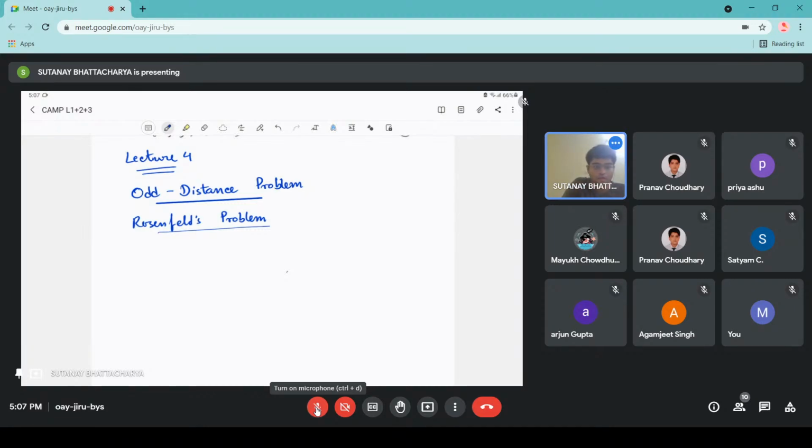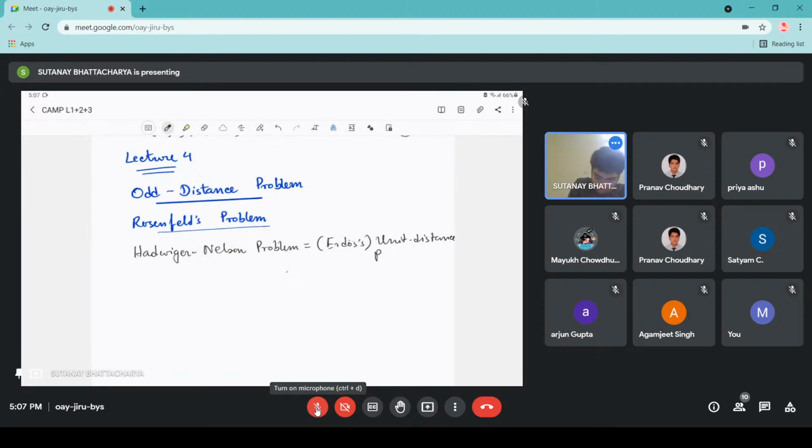So we have seen the Hadwiger-Nelson problem. And another name for that is Erdős's unit distance problem, which makes sense.